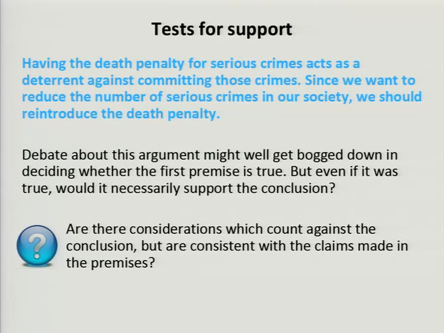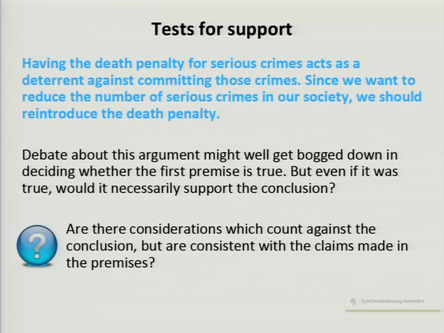Here's another one, a bit more tricky. Having the death penalty for serious crimes acts as a deterrent against committing those crimes. Since we want to reduce the number of serious crimes in our society, we should reintroduce the death penalty. So that's a strong statement. Might worry about the first premise.